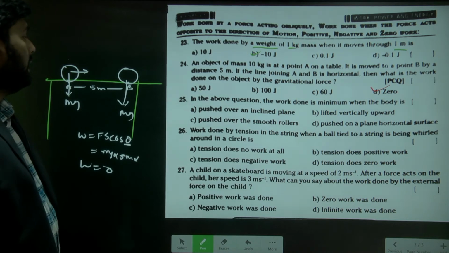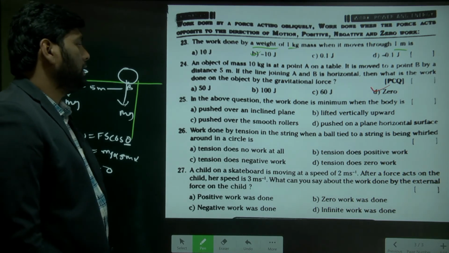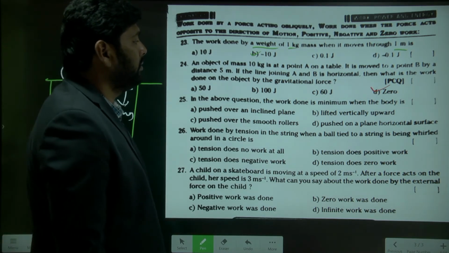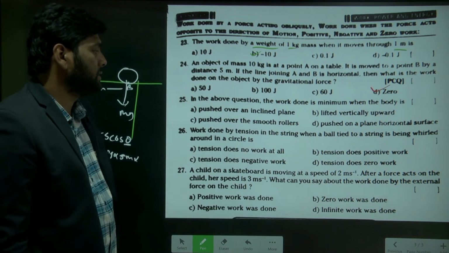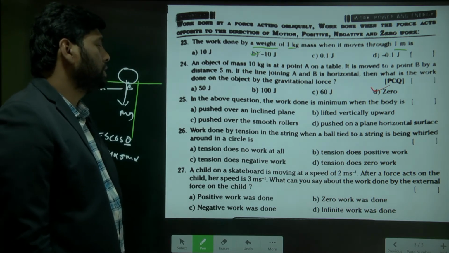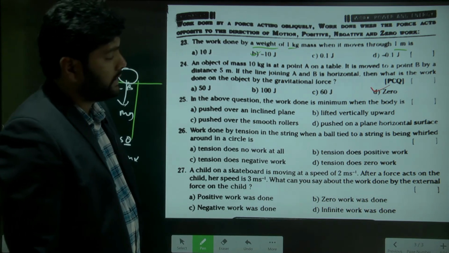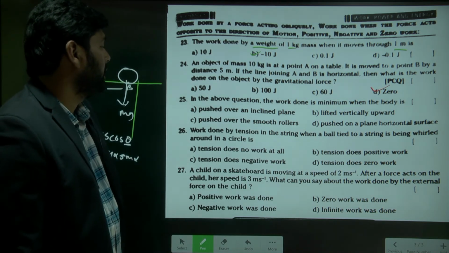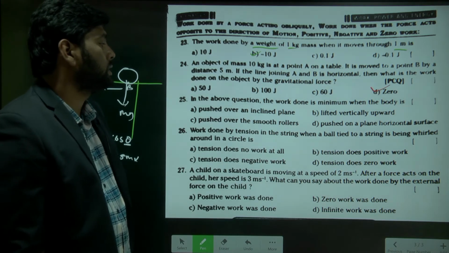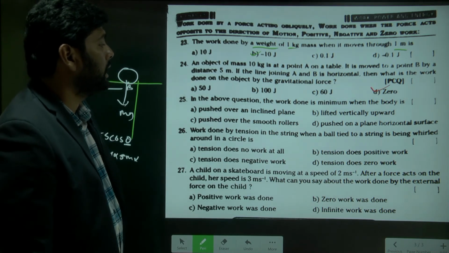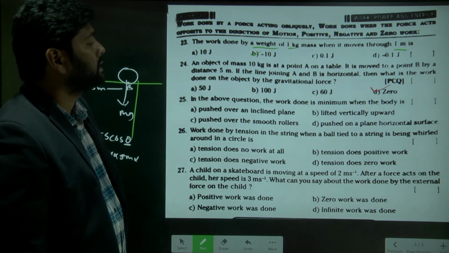Okay? Next, in the above question, the work done is minimum when a body is pushed over an inclined plane, lifted vertically upward, pushed over a smooth rolls, pushed on a plain horizontal surface.